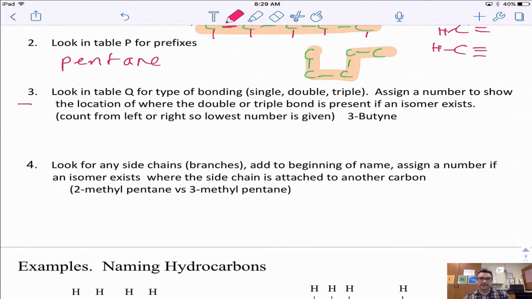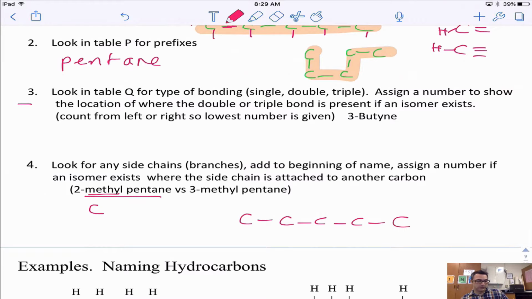Now what happens if I have something hanging off of the side? Like, for example, here I have this 2-methylpentane. Well, here I would draw my pentane just like I did before. Now, it's telling me a lot of information here. It's telling me there's a methyl group, 1 carbon. Meth is 1 carbon. And it's also giving me a number.